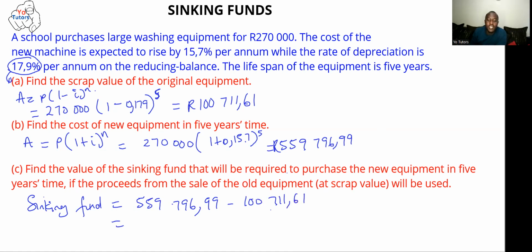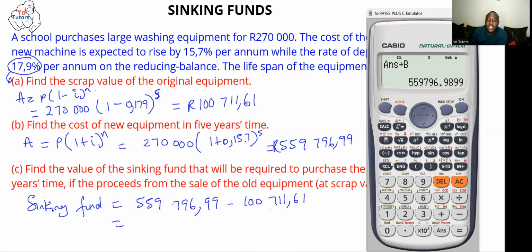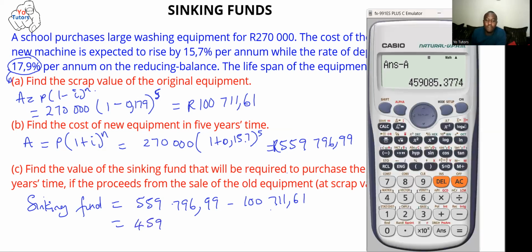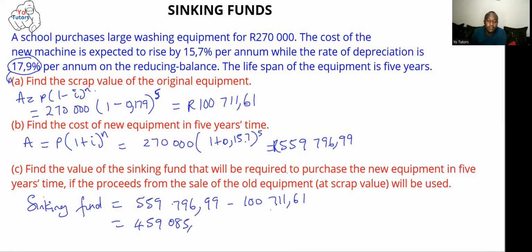What do we get? We can just go to our calculator there and say recall B minus recall A. Then we get 459,085.38. Okay, that's what we get there. That's our sinking fund. Now, let's move on to the next question.